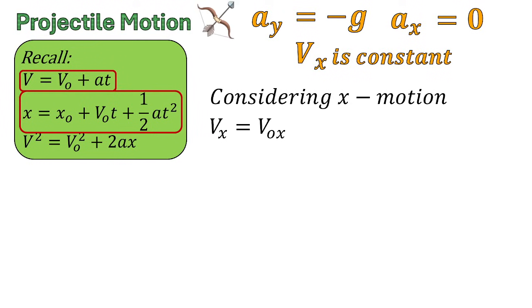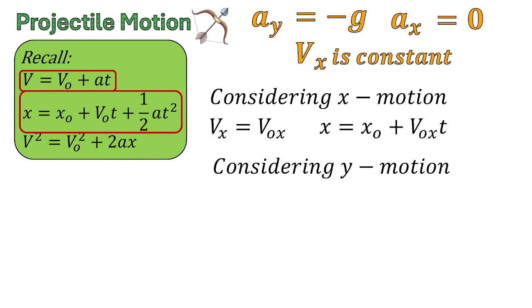Next we have this, x is equal to x naught plus V naught x t. Again, a in the x direction is 0. That's why the third term in the recalled formula is 0. Now let's consider y. Again, we're going to use this. So Vy is equal to V naught y minus gt. Ay is equal to negative g, just substitute that for a and we get this.